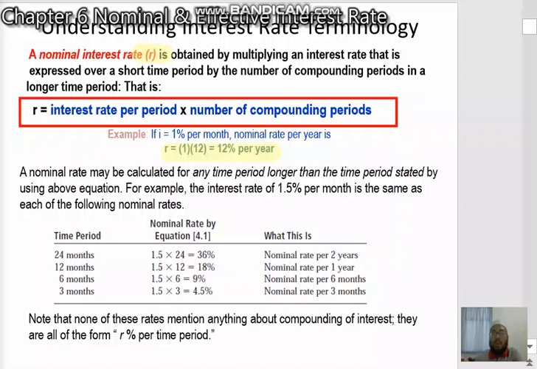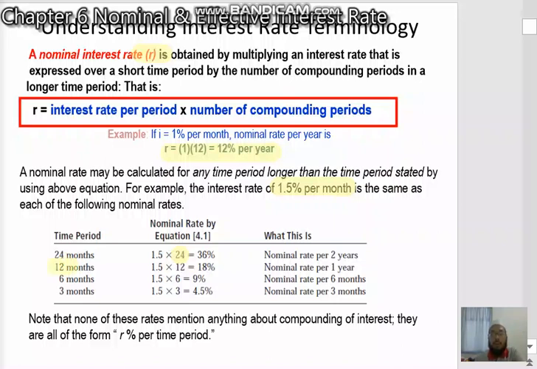A nominal rate may be calculated for any time period longer than the time period stated by using the above equation. For example, the interest of 1.5% per month is the same as each of the following nominal rates. For 24 months, 1.5 times 24, so 36% nominal rate for 2 years.